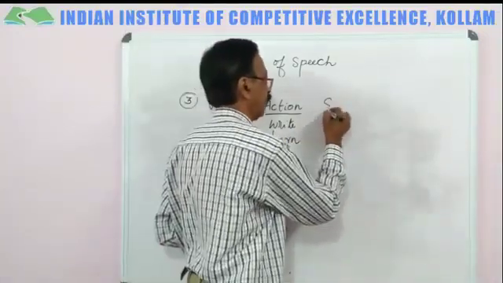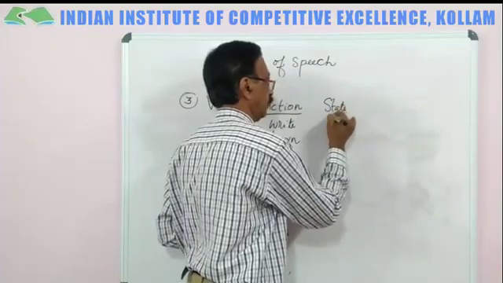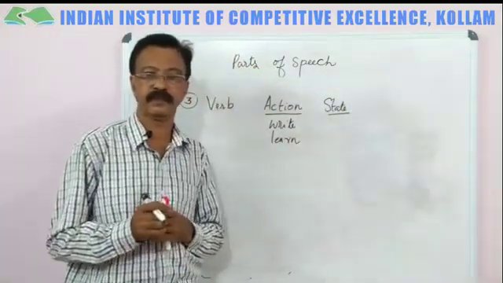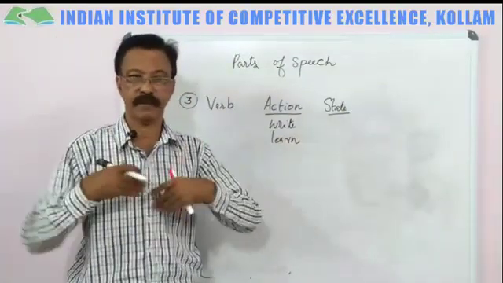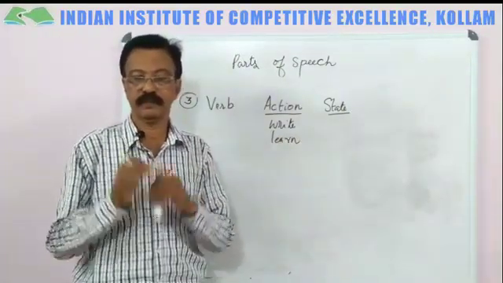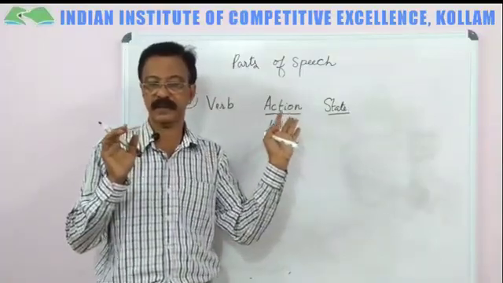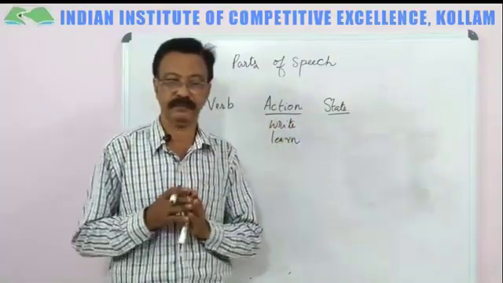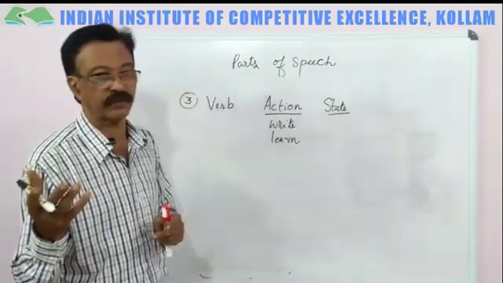Next is state. That shows the state. Who you are. I am so and so. So state is normally forms of be. Which are the forms of be?